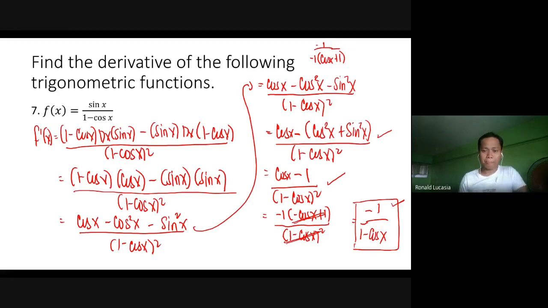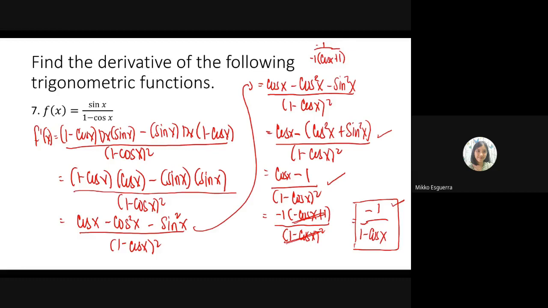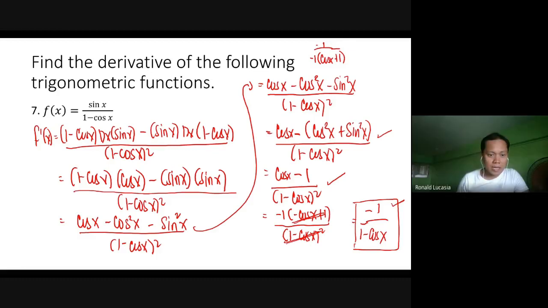Tinutukoy mo? Sin x times sin x po. Dito. Tama ba ito? Opo. Ang derivative kasi ni 1 ay 0. Di ba may dx? Ang derivative ni 1 ay 0. So, nawala na talaga siya.